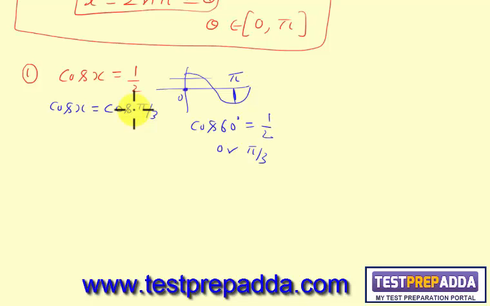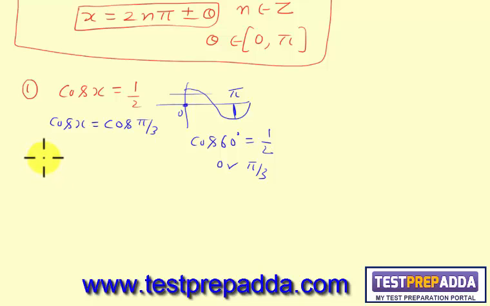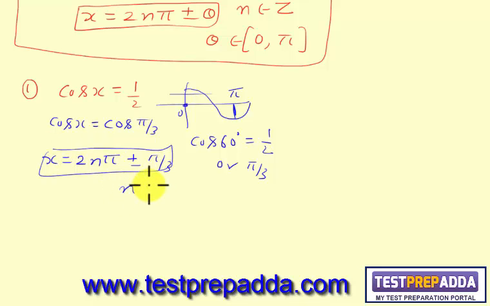And if cos x is equal to cos pi by 3, we have seen the general solution. X is equal to 2n pi plus minus pi by 3, where n belongs to integers. Okay, this is about general solution.